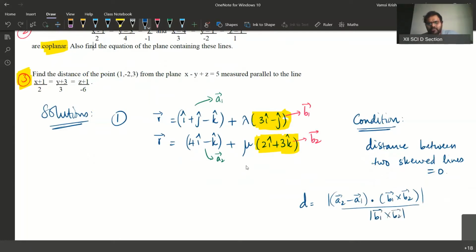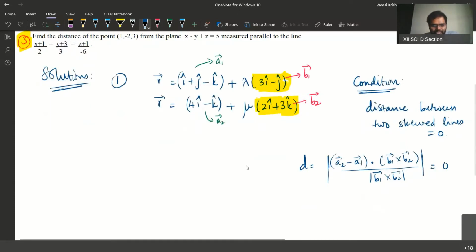All right. So this is the formula for the distance between two skew lines. And if you show that this distance is 0, or in other words, that the numerator itself is 0, then for sure these two lines will intersect. So let's look at the condition now.